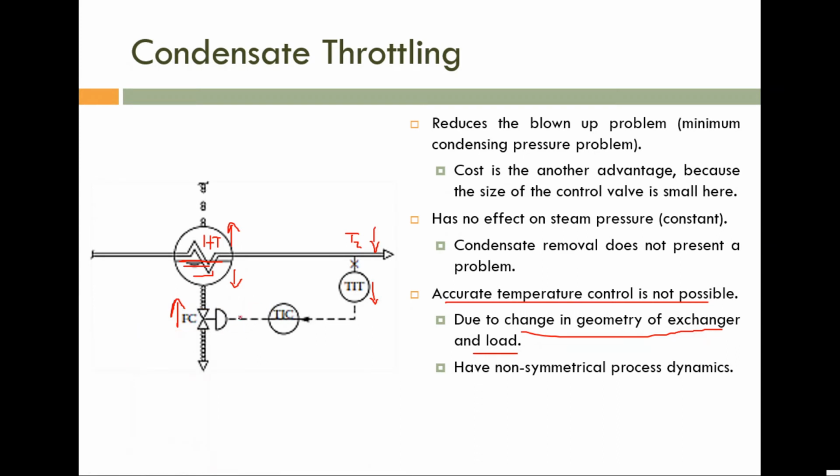So for explanatory purposes, if the current temperature is small, by increasing the control signal we open the control valve so that the liquid level inside the steam drum is decreased. So heat transfer area is increased so that the process temperature will increase. This is the process. Now reverse.